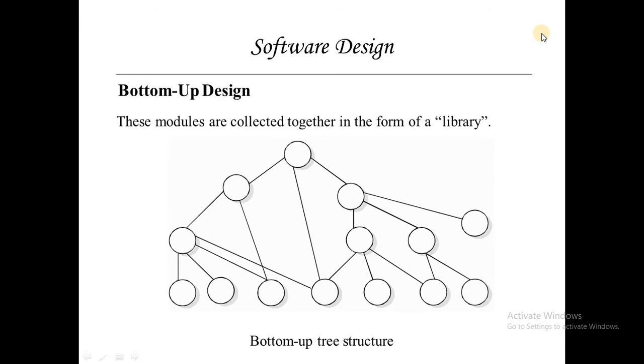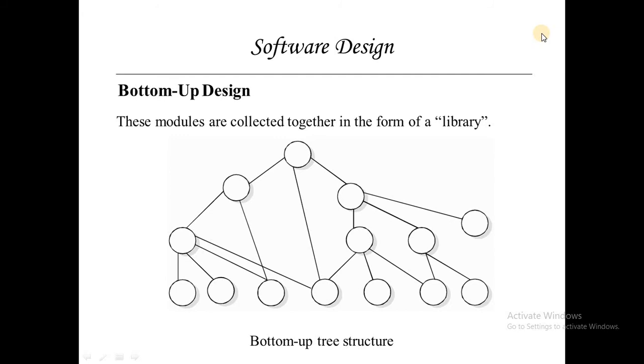So objects are individual parts of the system. In object oriented system, objects are identified first. By grouping the objects, we get a class.